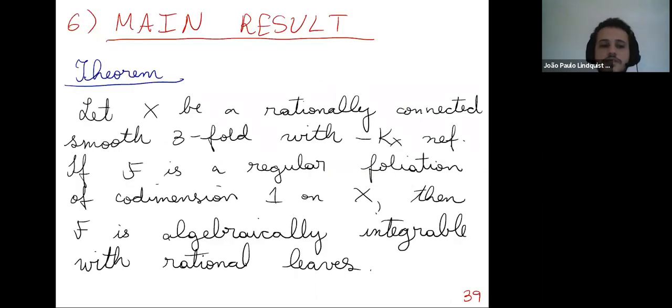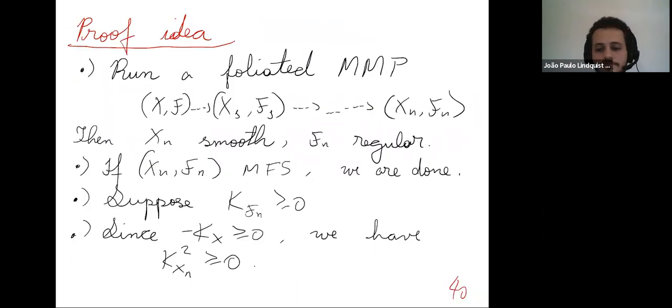I only present a sketch of the proof. If X is a rationally connected smooth threefold with minus K_X nef, and F is a regular foliation of codimension 1 on X, then F is algebraically integrable with rational leaves. So the idea is to run the foliated MMP.